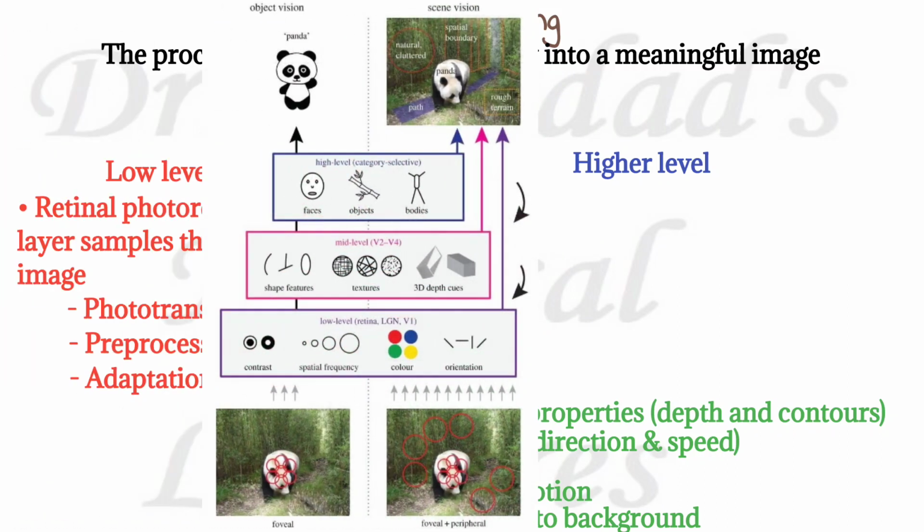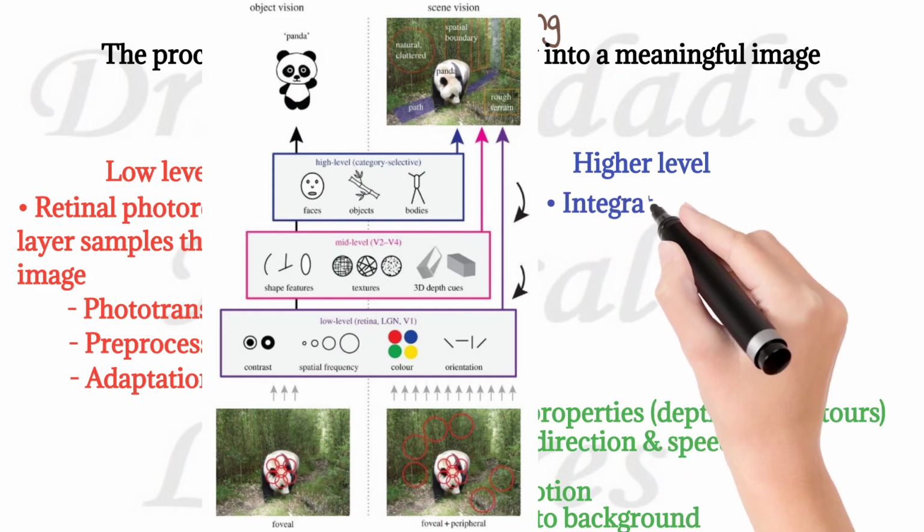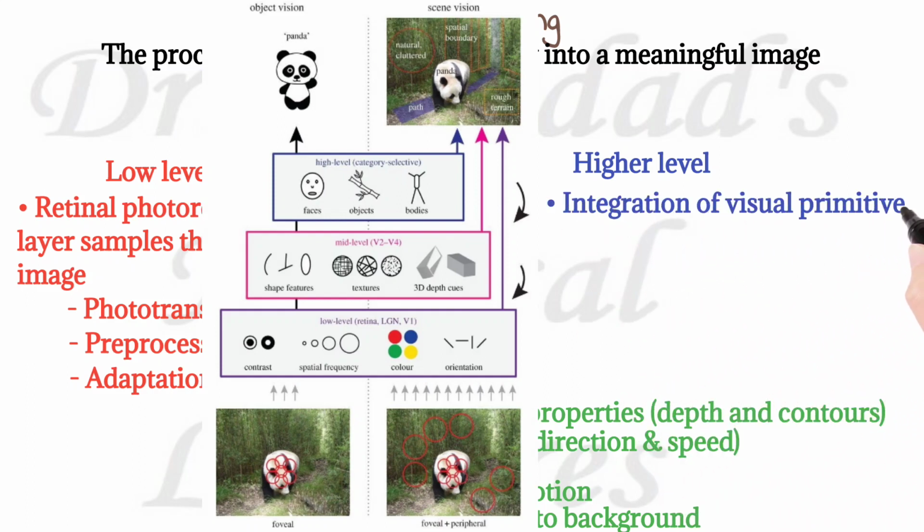Then next is higher level visual processing. It involves the final step, that is object recognition. Object recognition is done by integration of visual primitives. So what are the visual primitives?